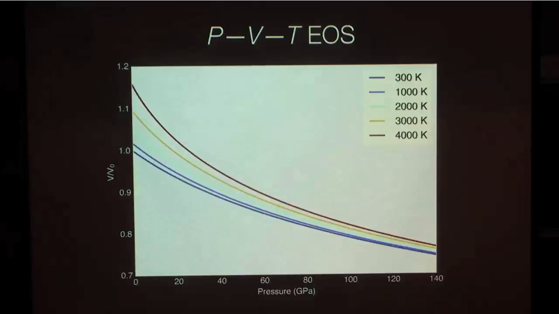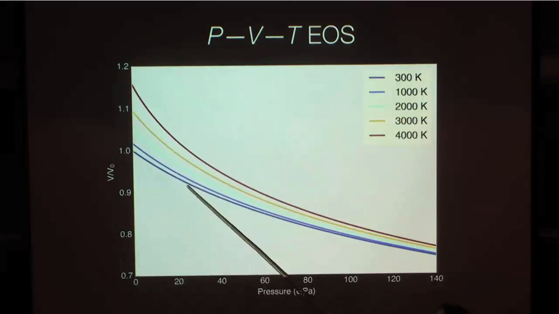The temperature axis runs this way. Instead, you plot so-called isotherms in pressure-volume space. The blue color here shows the 300 K isotherm, and the dark red one, the highest temperature in this plot, is 4,000 Kelvin. So now you can relate that 3D diagram to this 2D diagram.